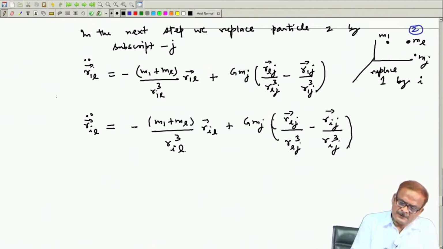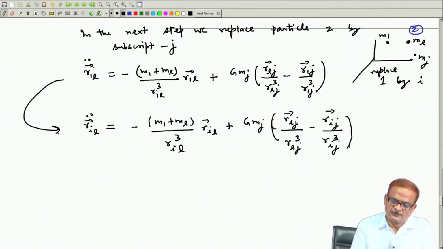So, we have converted all the equations we previously wrote into a generalized notation.